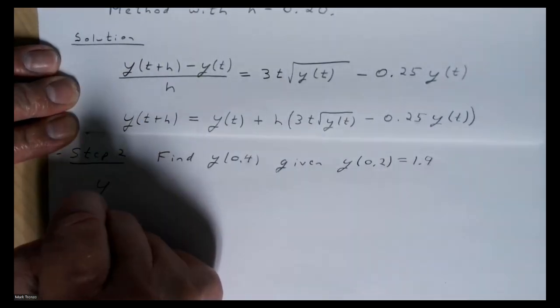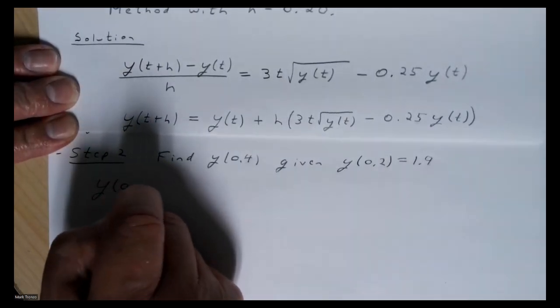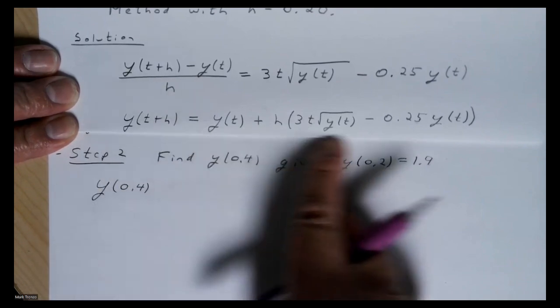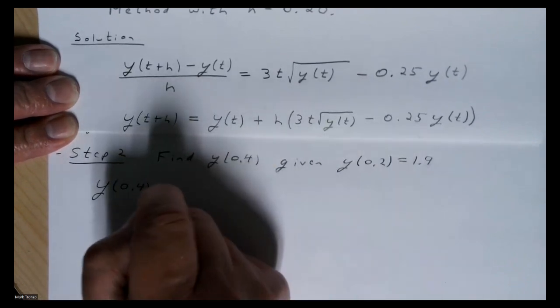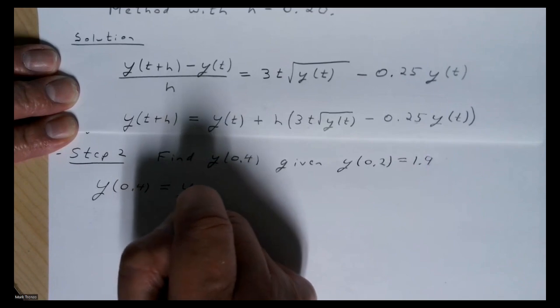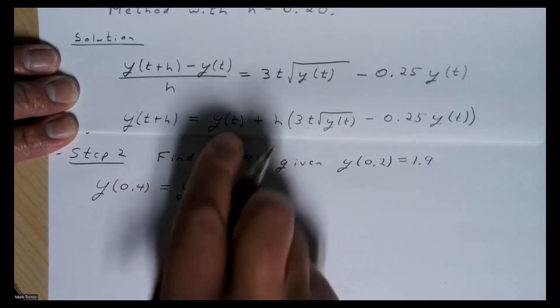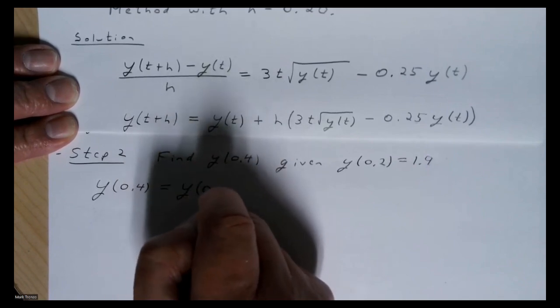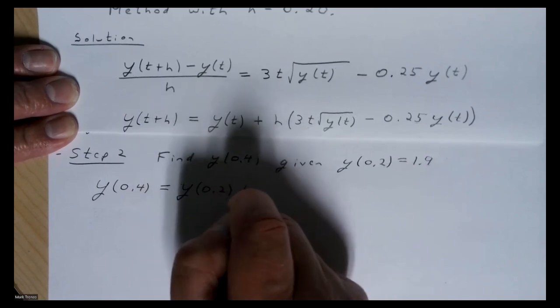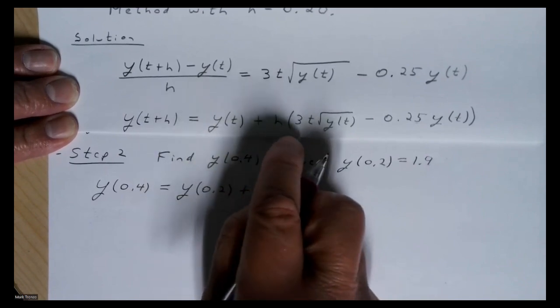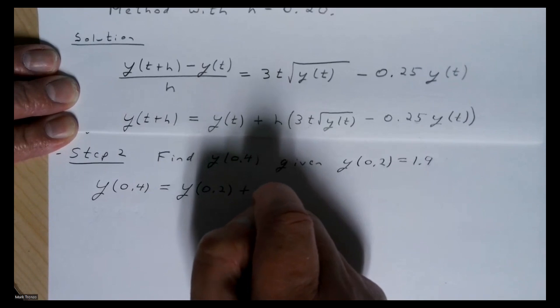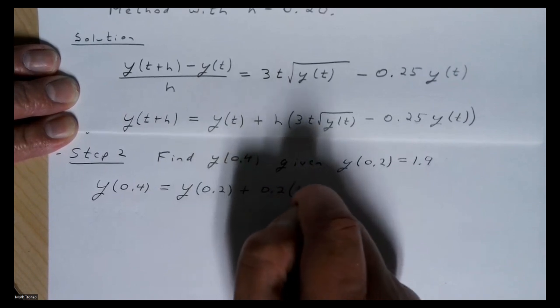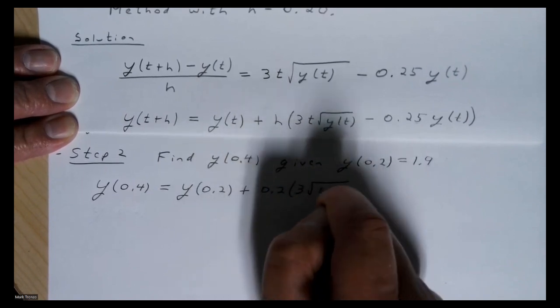So y(0.4), again, we're using this bottom equation, is equal to y of the previous step, 0.2, and then the increment size here is 0.2, 3.